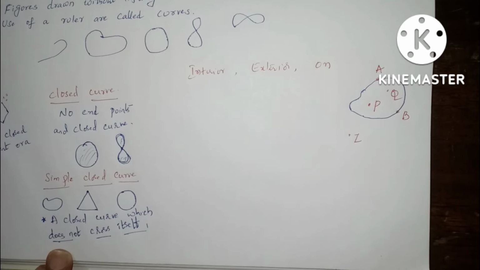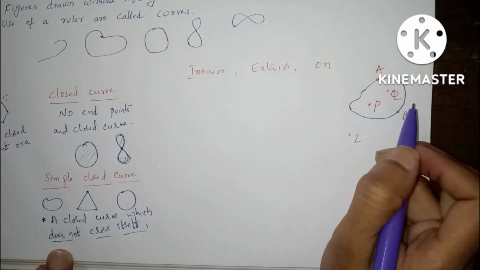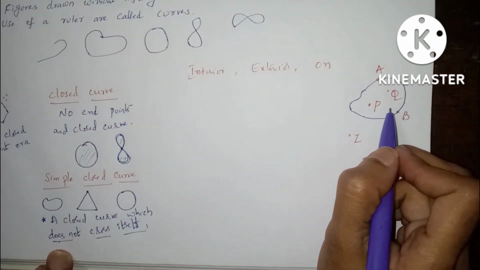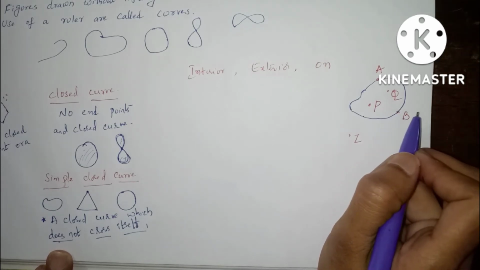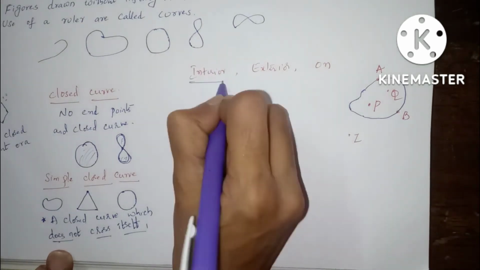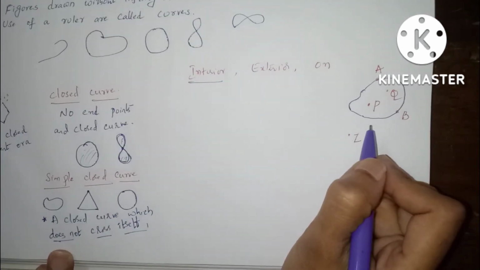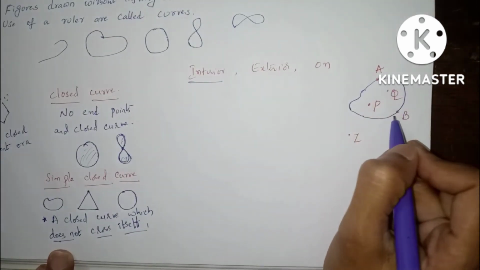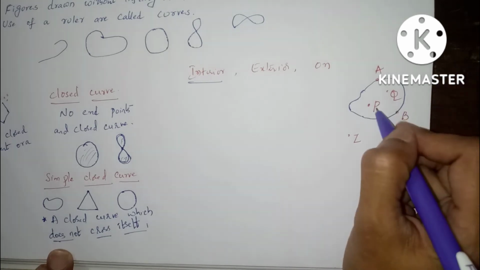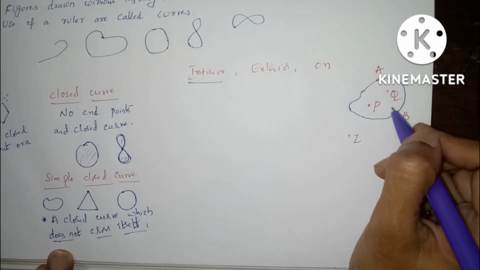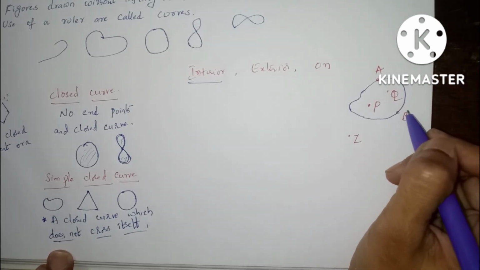Now the question is, identify the points which are interior to the curve, exterior to the curve, and on the curve. First, interior. Interior means the region enclosed by the curve. The points which are inside the curve are known as interior points.